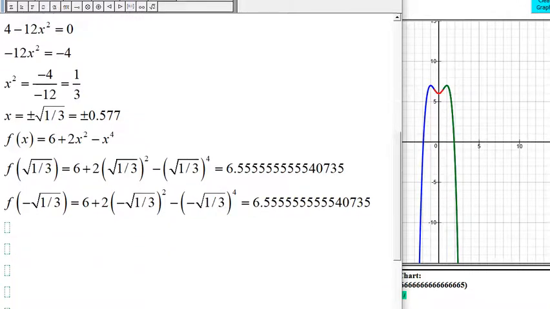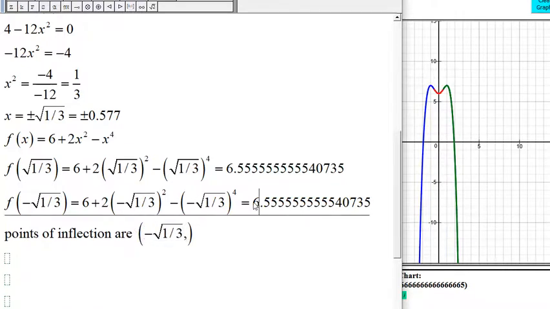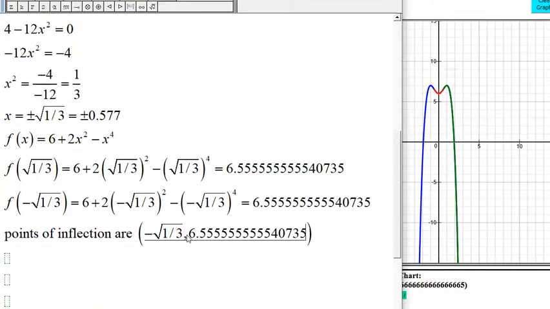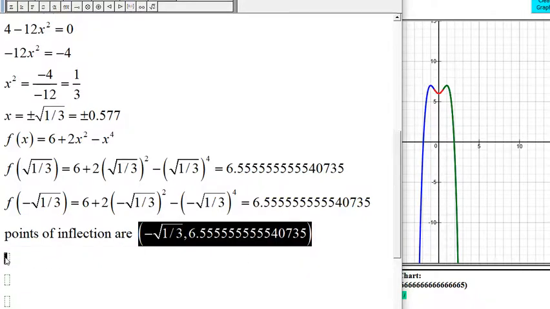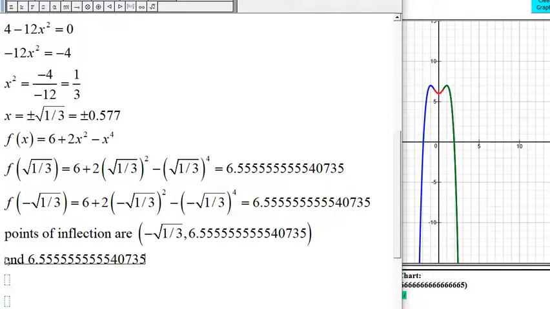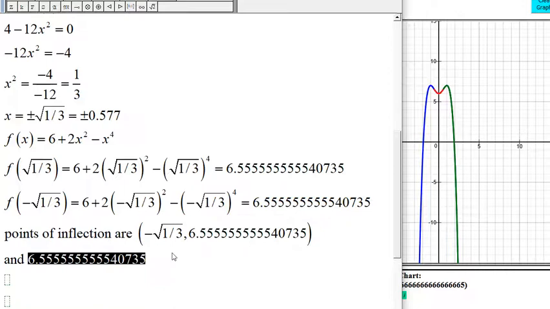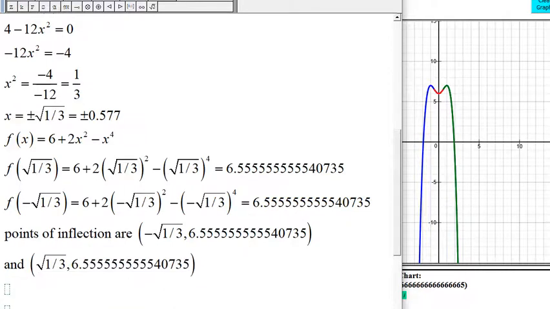So points of inflection are, we have the negative square root of 1/3, and this number and that.